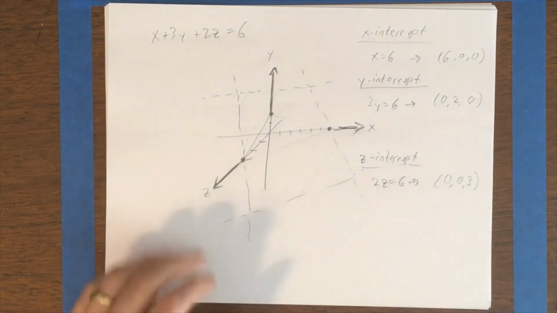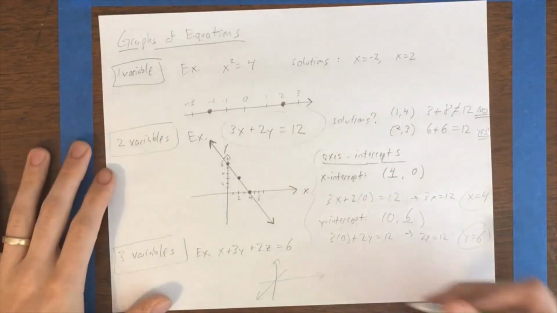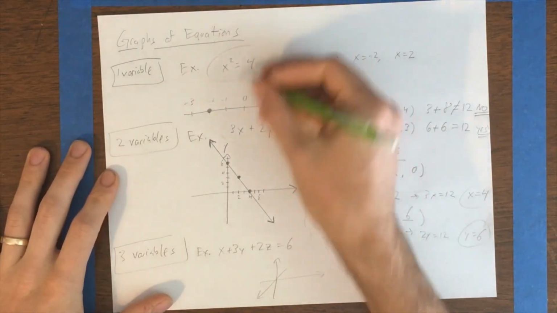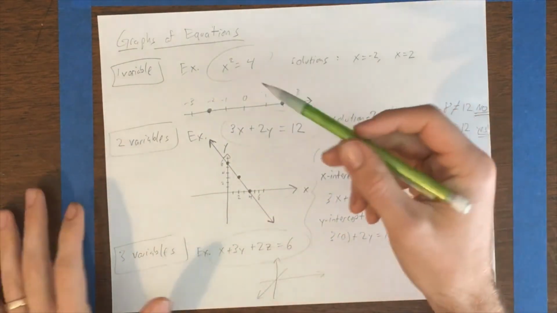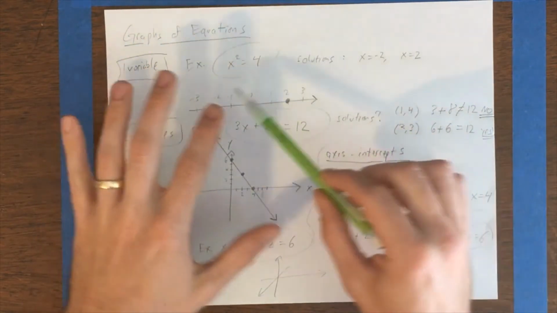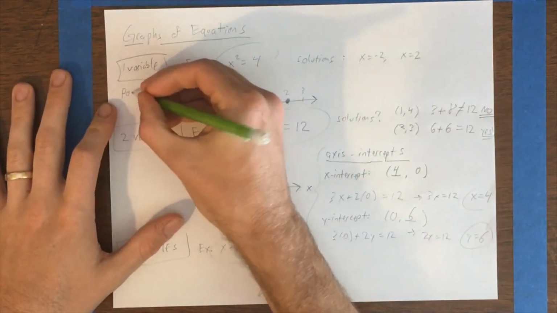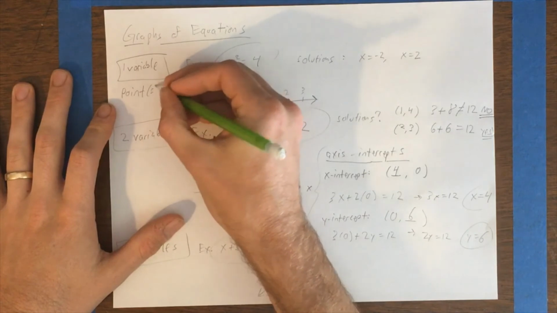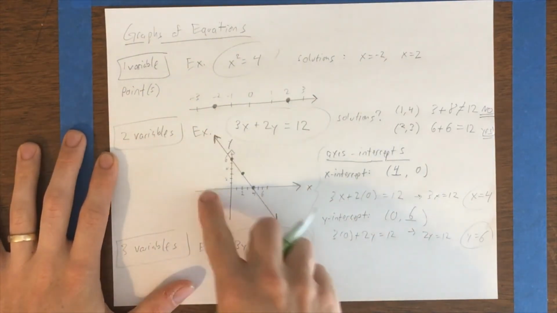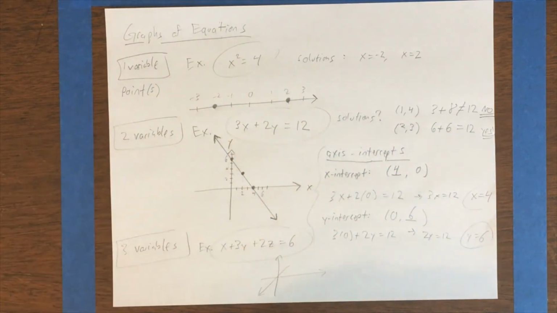Yeah. So looking back now, we have different numbers of equations with different numbers of variables, right? In the case of a one-variable equation in a one-dimensional continuum, the graph would be a point or some set of points, like in this case. In the two-variable case, the graph of the equation is not necessarily a line. It could be some curve.